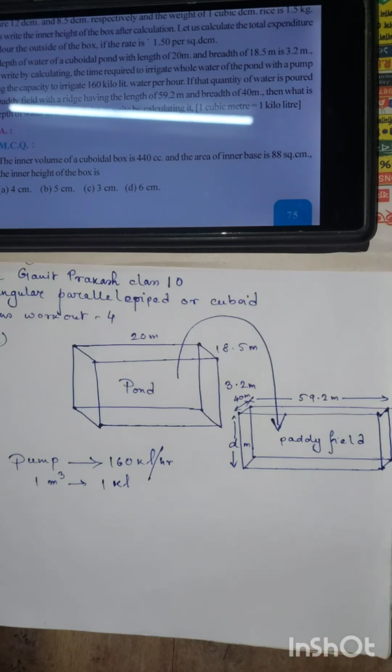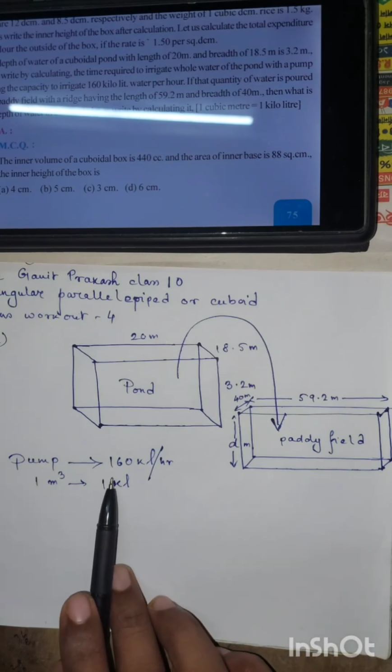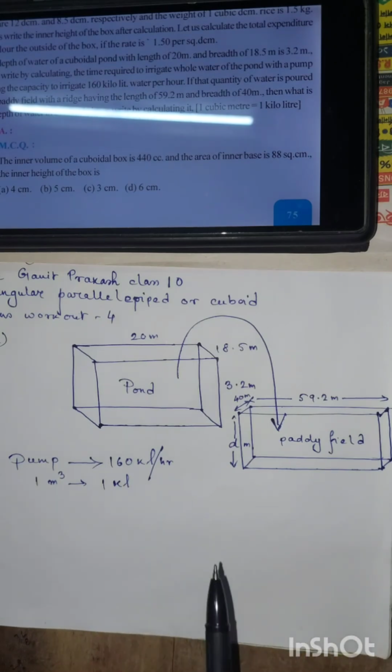And to transfer the water, we are using a pump with efficiency 160 kiloliter per hour. That means in 1 hour it can transfer 160 kiloliter of water.